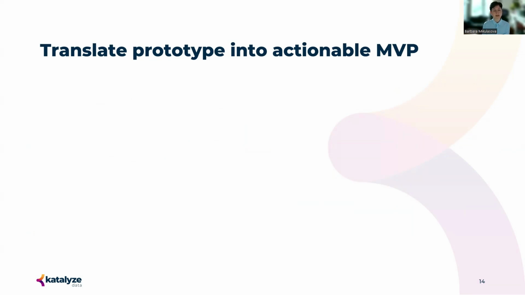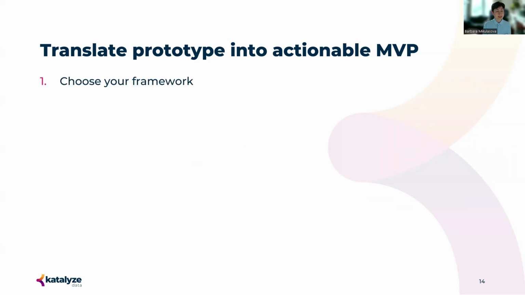So how do we translate our prototype into an actionable MVP, which stands for minimal viable product? MVP is the simplest version of the product that needs to be built in order to satisfy the needs of early users. You can think of this as the next evolutionary stage of your prototype.